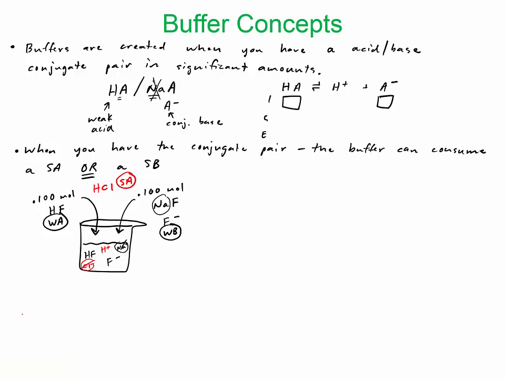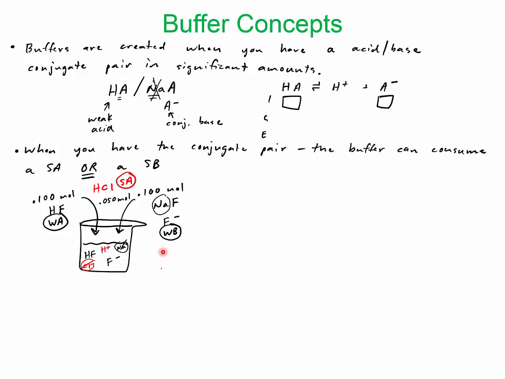Let's say you have 0.050 moles of the strong acid. Depending on what you're starting with, your entire mixture is going to dictate the rest of the problem.